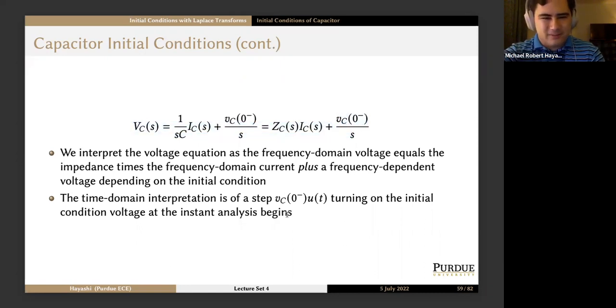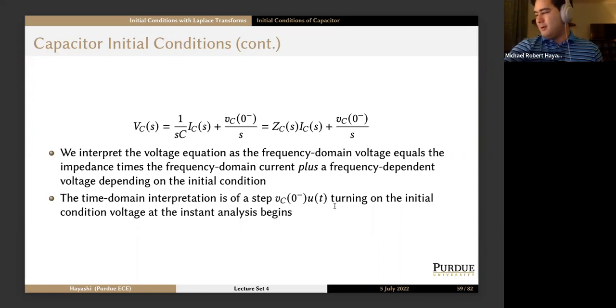The time domain interpretation of this last term is that it is a step, VC of 0 minus, that turns on the right amount of voltage across the capacitor at the instant the analysis begins. Okay, that makes sense. We know it's a one-sided Laplace transform, everything's off, and then suddenly we need a step to put the right amount of voltage across the capacitor at the instant analysis begins. That will match our initial conditions.